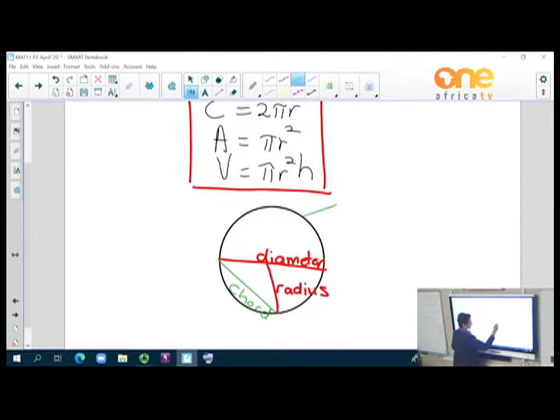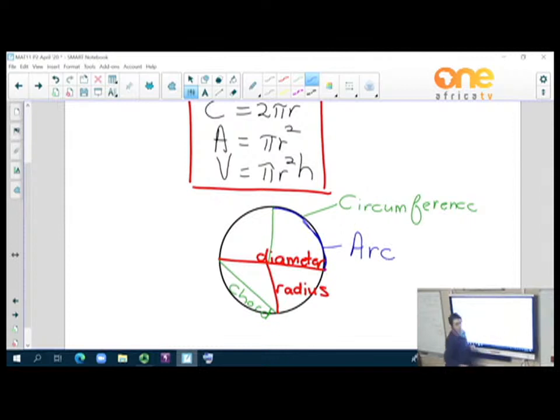Obviously, this part is the circumference. And what we're going to look at now is this length. Part of the circumference, can you see that blue part, is what we call the arc.